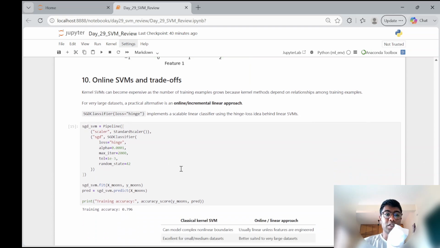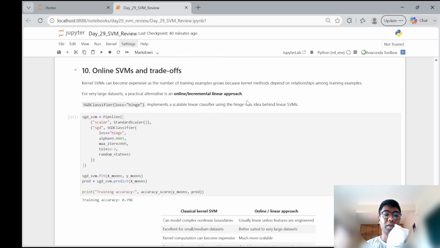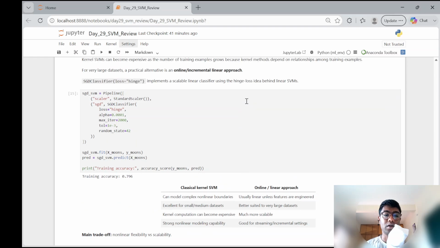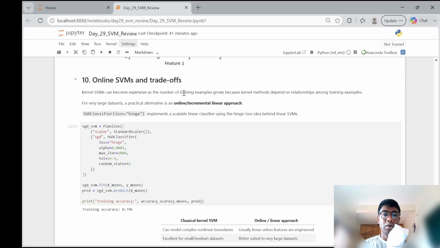Next is online SVMs and trade-offs. Sometimes there might be a need where there is continuous data input, so we will have to make a clear trade-off when such a decision is to be made in building a machine learning model. In the online approach, the number of training examples grows over time, so for a very large dataset it is practical to have an online or incremental linear approach.